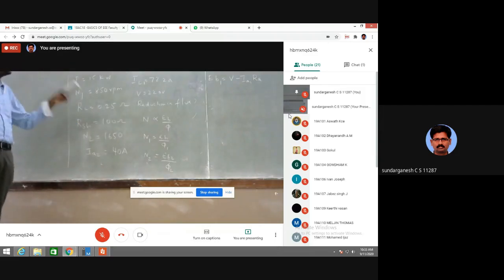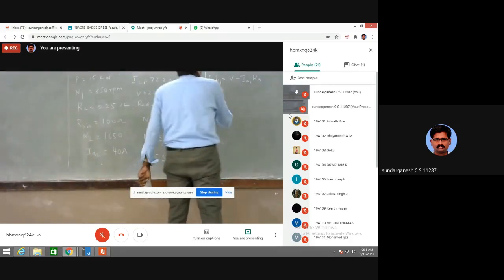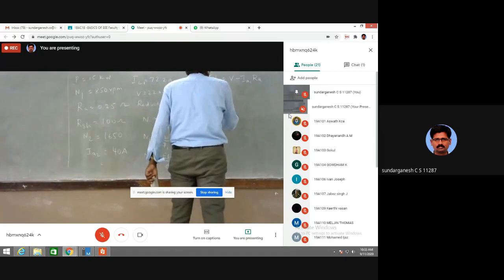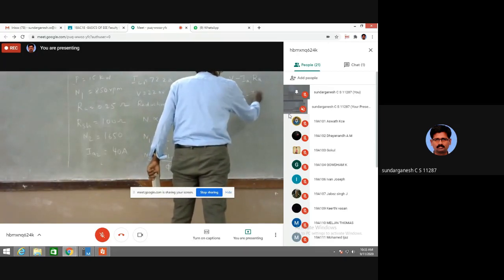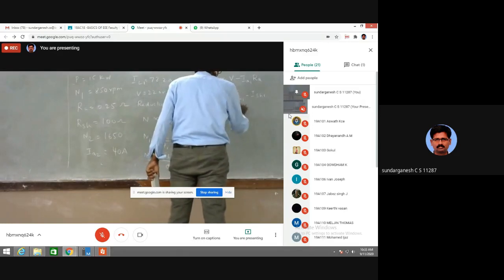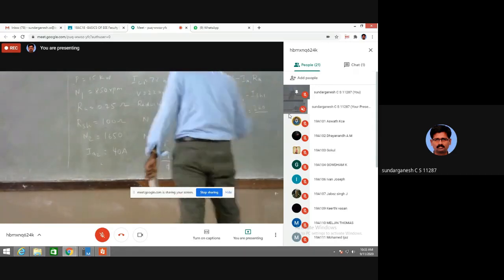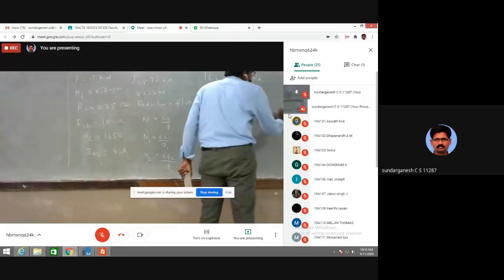In order to find IA, you have to subtract the shunt field current from IL1. Here it is a shunt motor. For a shunt motor, IA1 is equal to IL1 minus ISH1. So we have to find ISH1. It is V divided by RSH, 220 by 100, this is 2.2 amps.